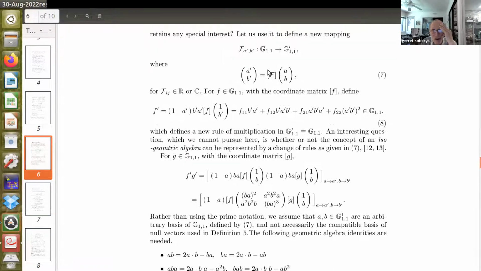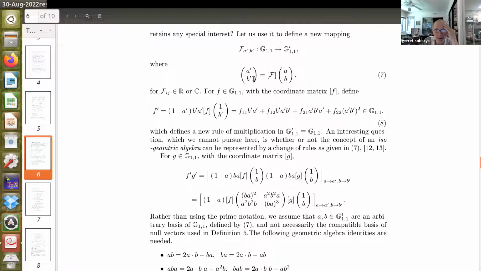So A prime is a linear combination of A and B. B prime is also a linear combination of A and B, which is saying really that F is in G11. Because remember, the vectors of the Clifford algebra G11 are a linear combination of E and F, but E and F are linear combinations of A and B.